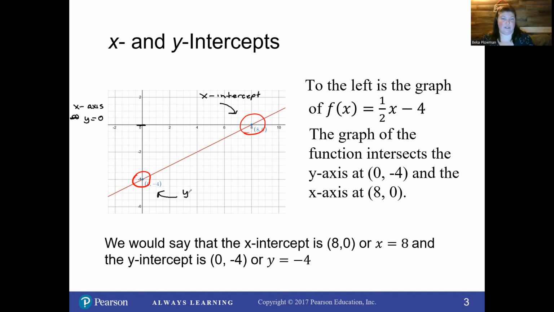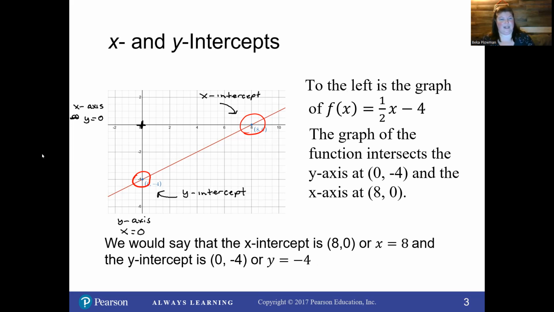This one here we said was your y-intercept. Here where your y-intercept is, if you look at the x-axis, it's where we cross over at 0. So this line, your y-axis, is x equals 0.